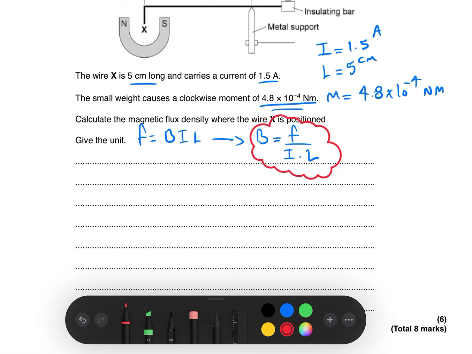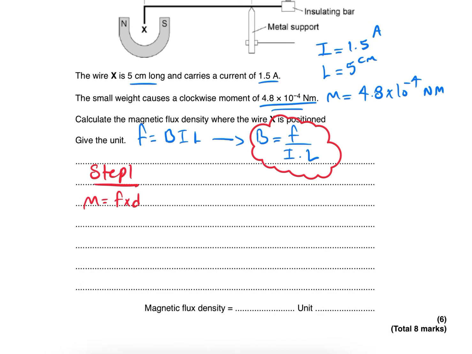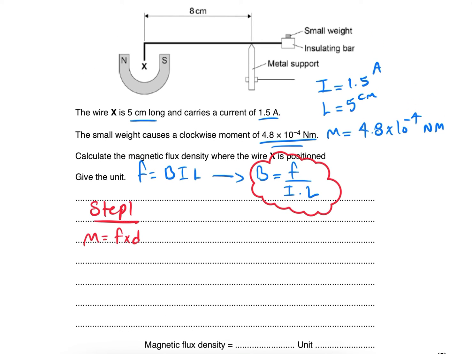We have moment. But we do know, step one, that moment is equal to force times distance. And we've been given the distance from the pivot, which is 8 centimeters. Force is simply going to be 4.8 times 10 to the power of negative 4 divided by the 8 centimeters of distance.